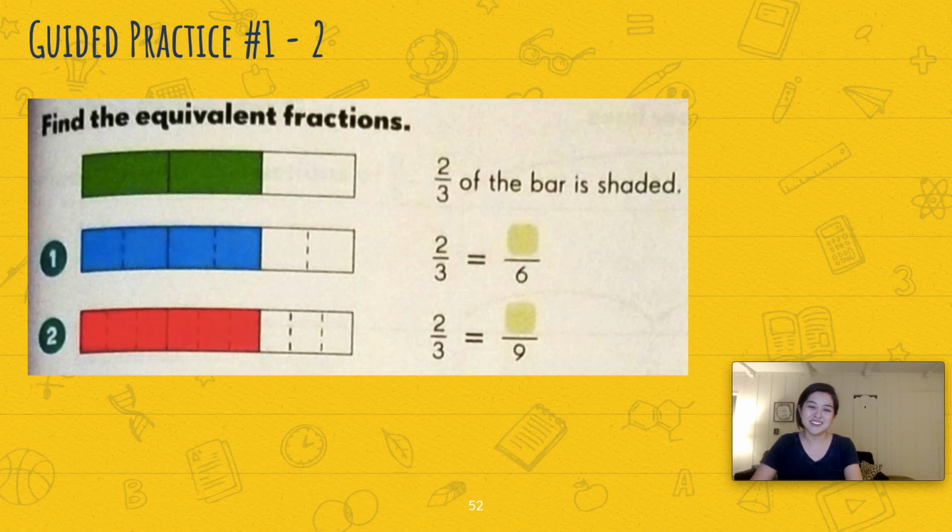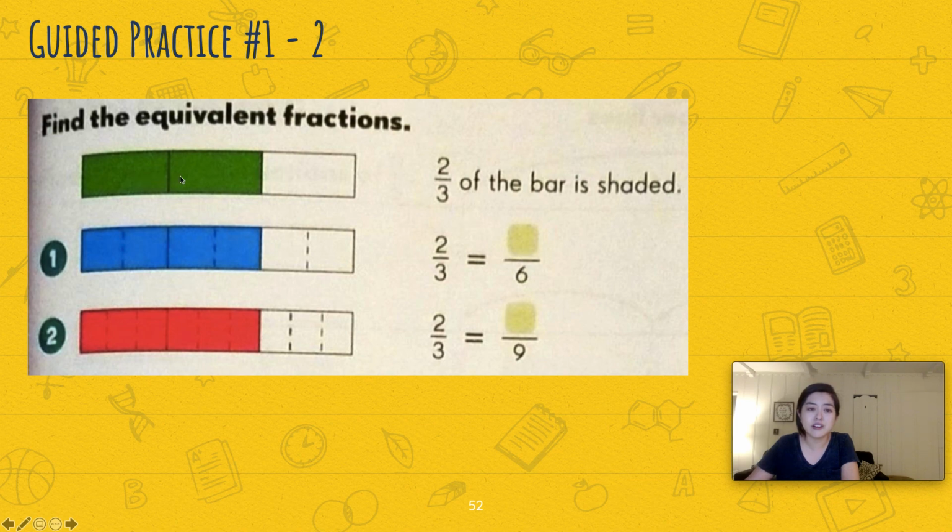Hi again. Alright, so let's take a look. It says to find the equivalent fraction. So here I have 1, 2, 3 total parts, so that's in the denominator, and 2 is shaded here, so that's in the numerator.